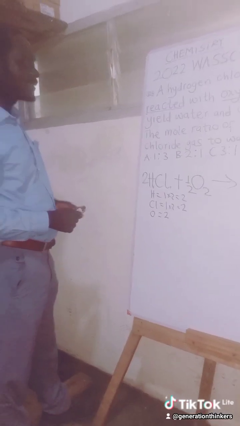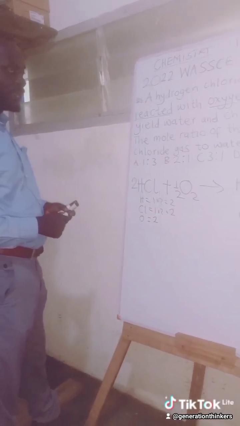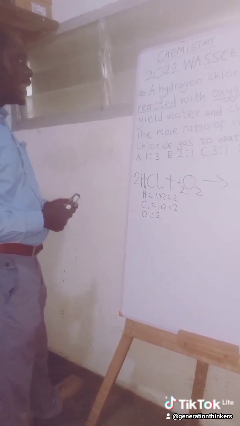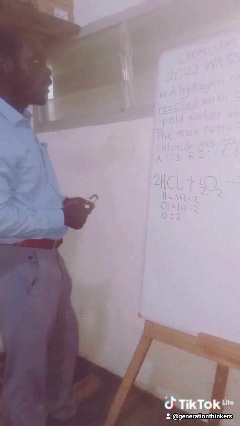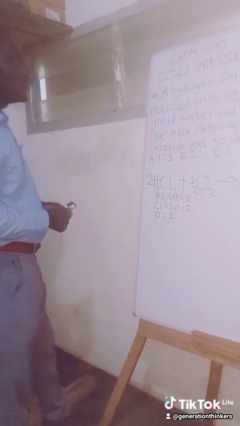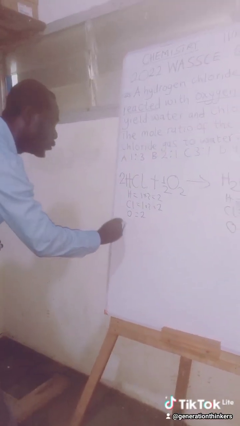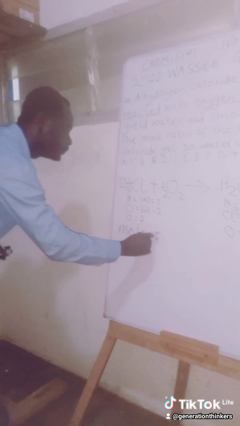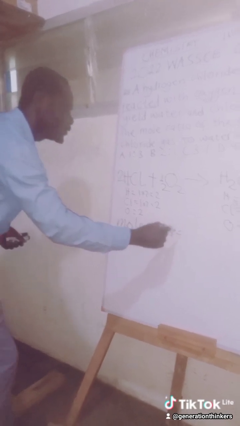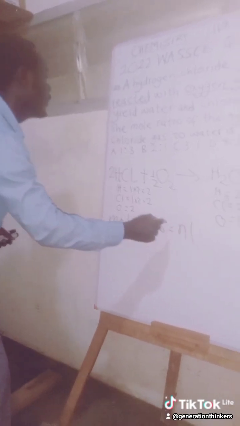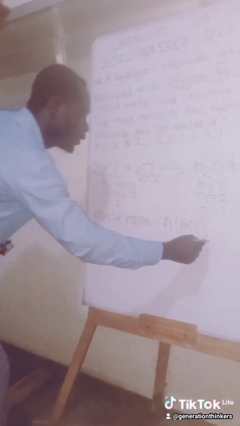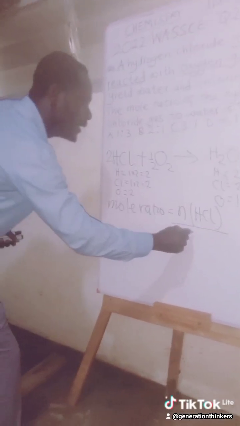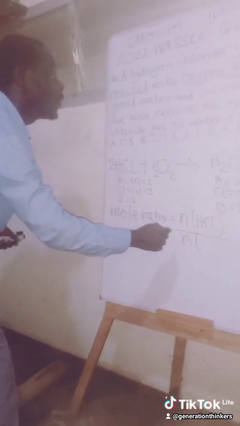The number of atoms at the reactant side compared to the number of atoms at the product side is equal now. And the question says that we should find the mole ratio of hydrogen chloride to that of water. So mole ratio is equal to the number of hydrogen chloride all over the number of water.